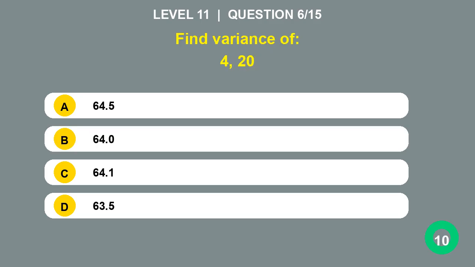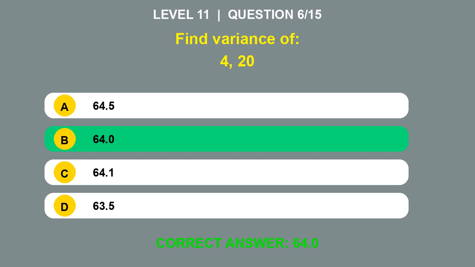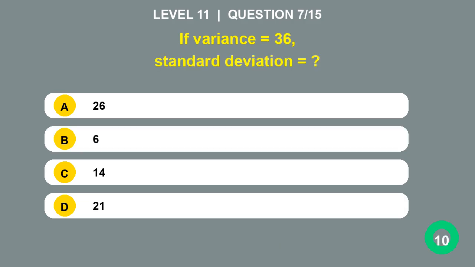Find variance of 4, 20. Answer is 64.0. If variance equals 36, standard deviation equals?